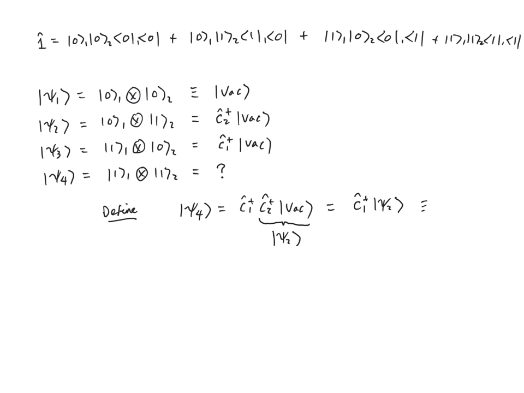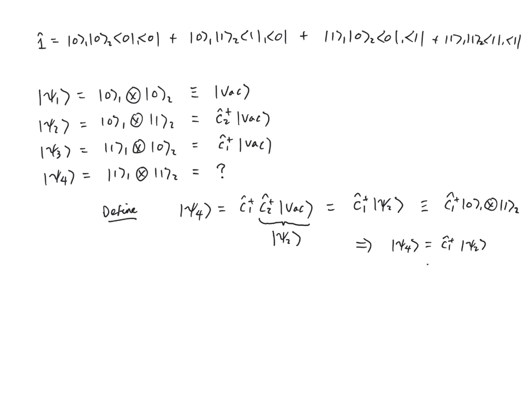What that, of course, means is C1 dagger acting on something with no electrons in the 1 orbital and 1 electron in the 2 orbital. And therefore, we know, according to the definition, that psi4 is just C1 dagger acting on psi2.